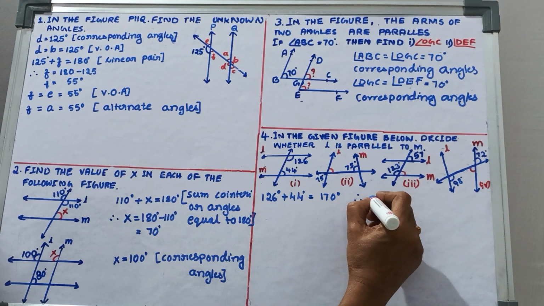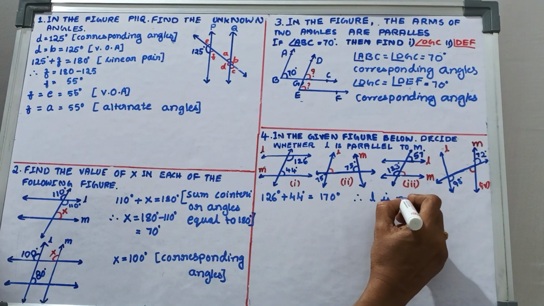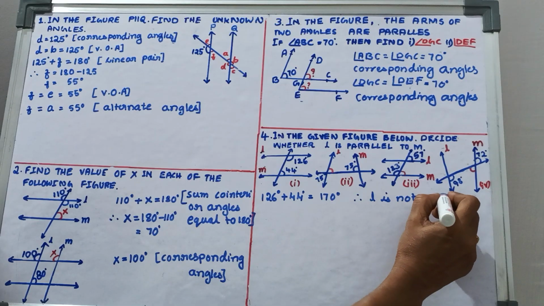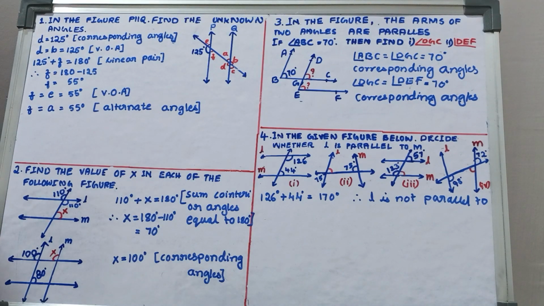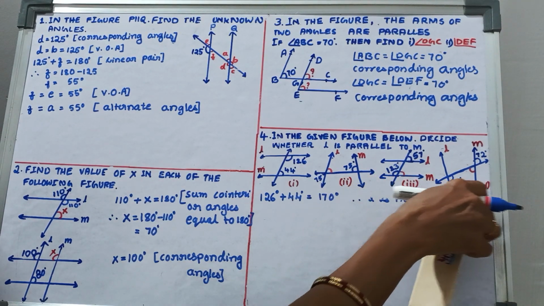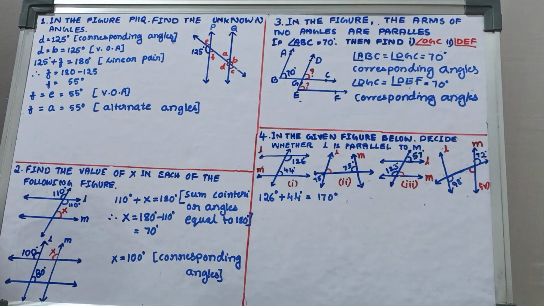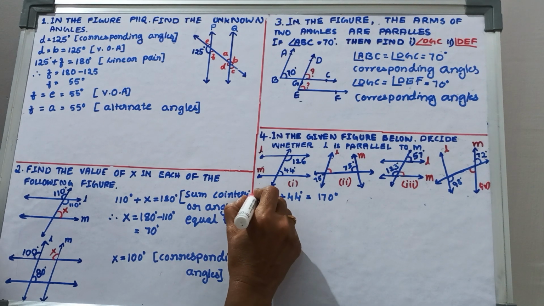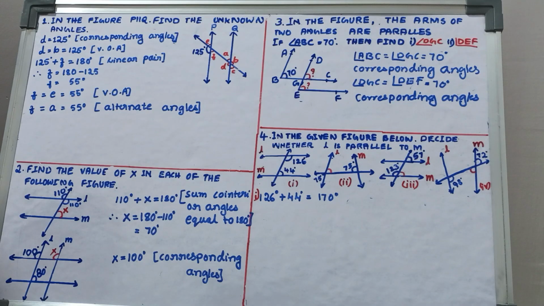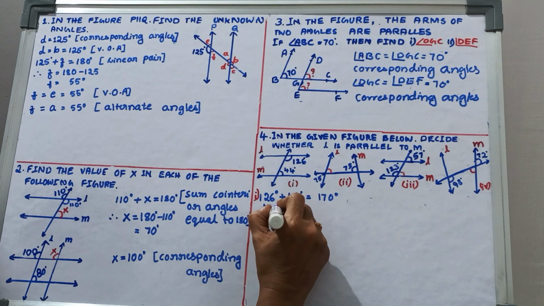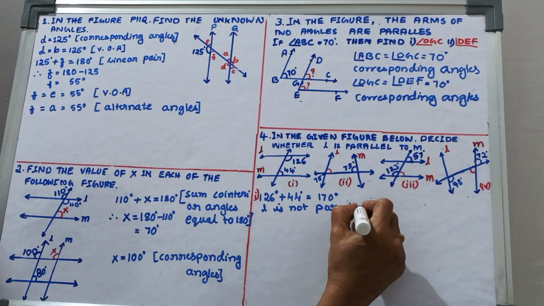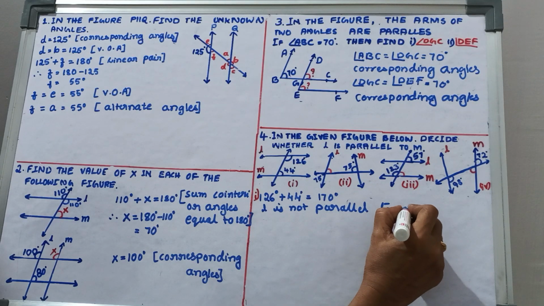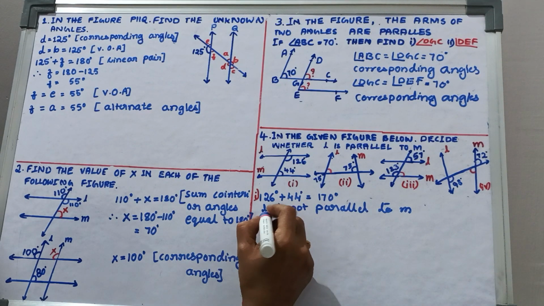Therefore, L is not parallel to M. And write L is not parallel to M. First one, write down L is not parallel to M. What is the reason?